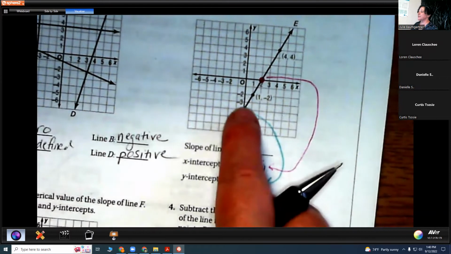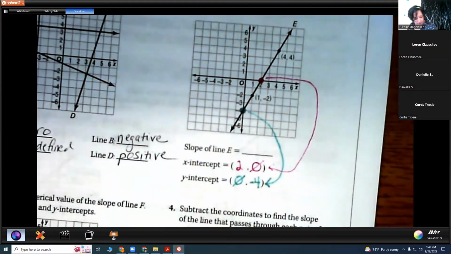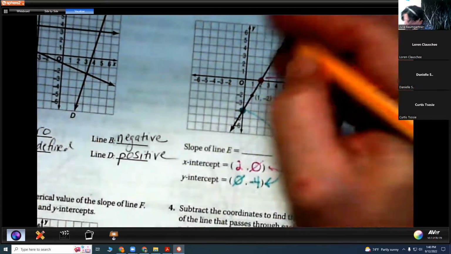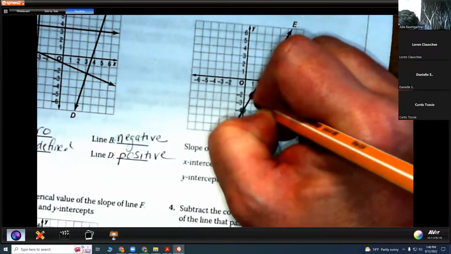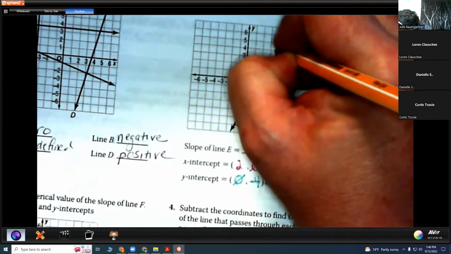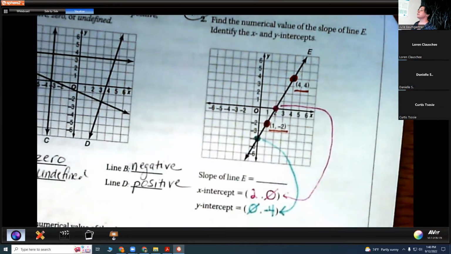But if you have the line, they're probably going to give you those, or have you choose 2 points. Sometimes they choose for us, which is nice. So we've got our 2 points.